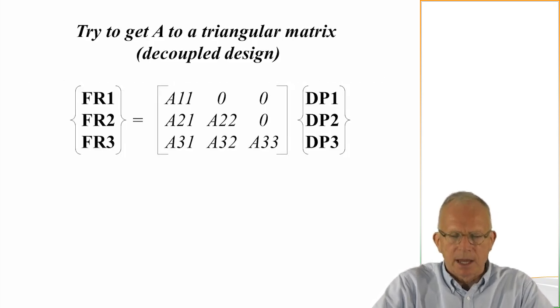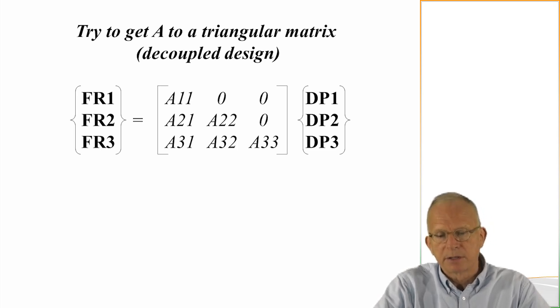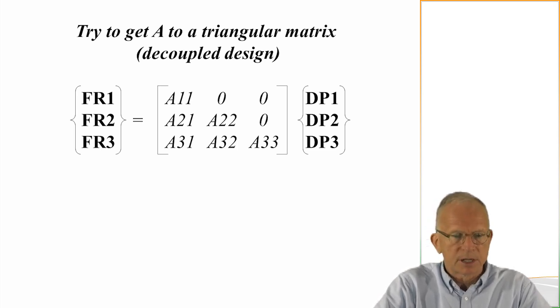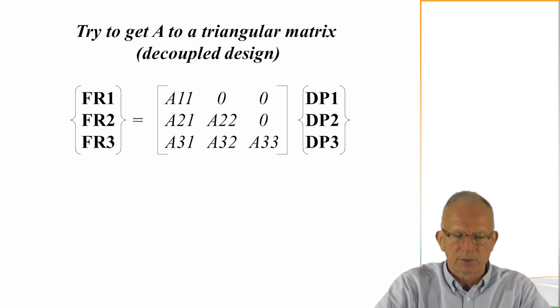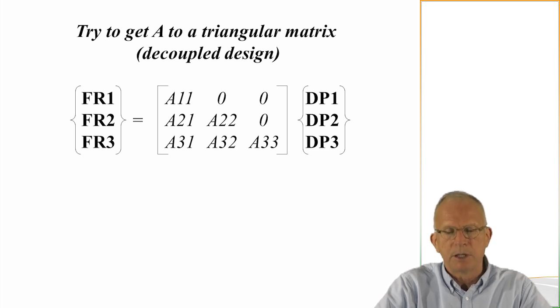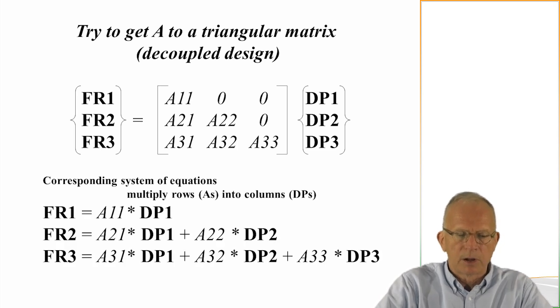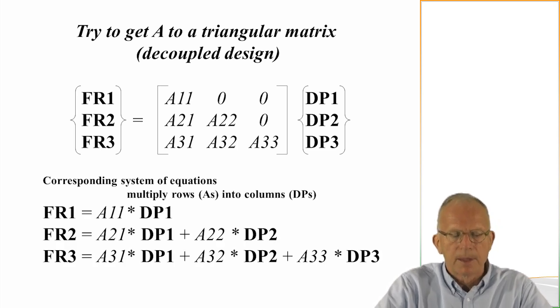So what we're trying to get is a triangular matrix, or a decoupled design, so that it looks like this, in this kind of representation. In this case, DP1 is influencing all the FRs, DP2 is influencing FR2 and FR3, and DP3 is only influencing FR3, so that we have a clear order of adjustment, DP1, DP2, DP3, in order to avoid iteration and put all the FRs within tolerance.